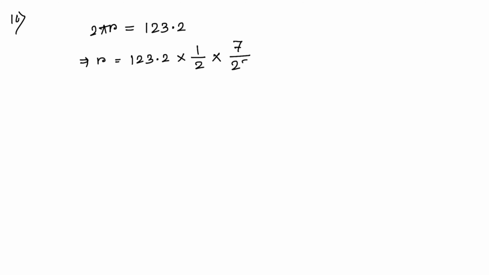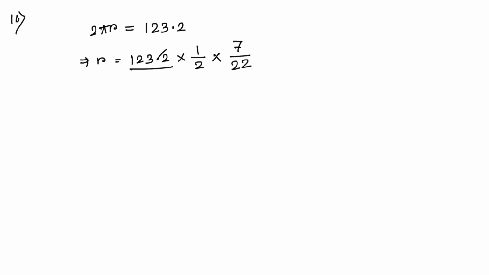So here in sum number 10, the circumference of a circle is 123.2 centimeter. That means if r is the radius, then 2 pi r equals 123.2. So r equals 123.2 times 1 by 2 times 7 by 22.